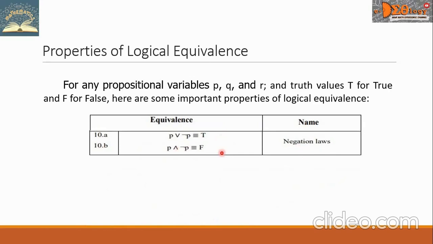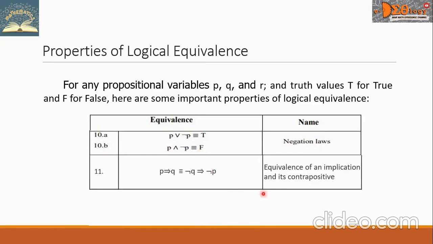We have two parts. 10.a, P or not P is logically equivalent to T or true. 10.b, P and not P is logically equivalent to F or false.